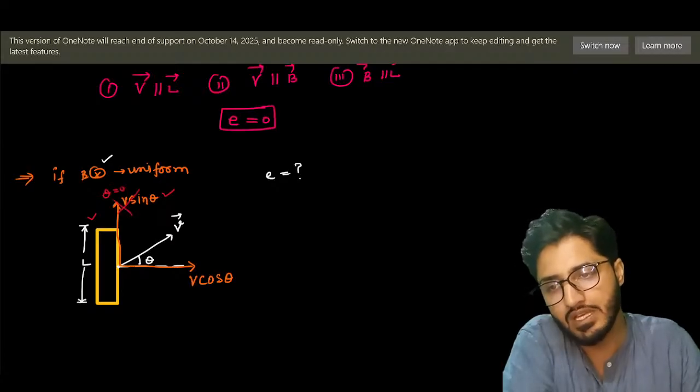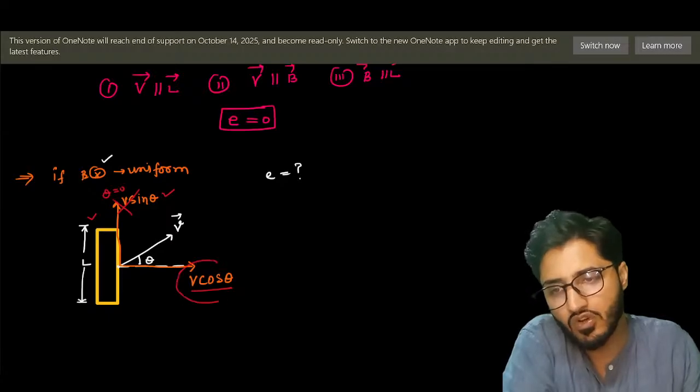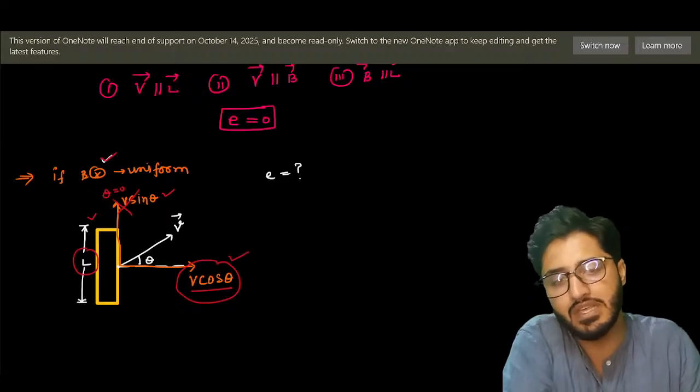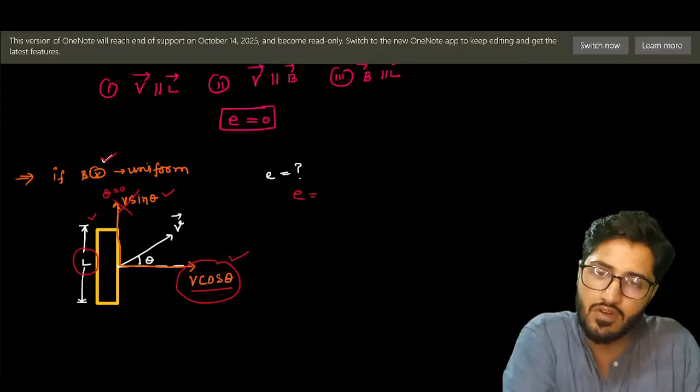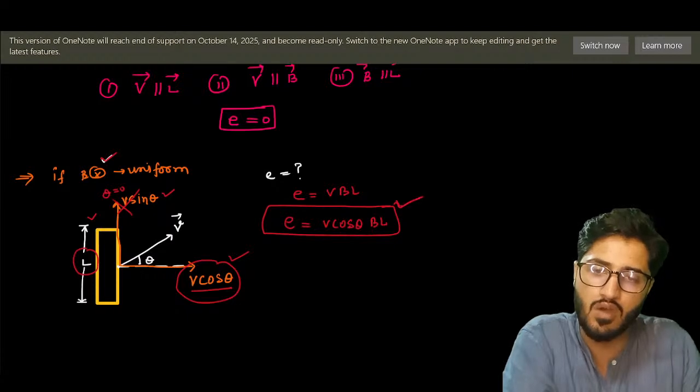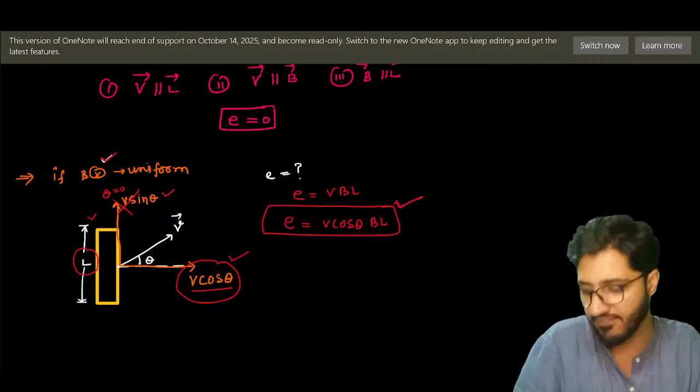V cos theta is at 90 degree with L and with B. So I can write E equals VBL, the original formula, but instead of V we have V cos theta, so E equals V cos theta B times L. This is how we can write my motional EMF.